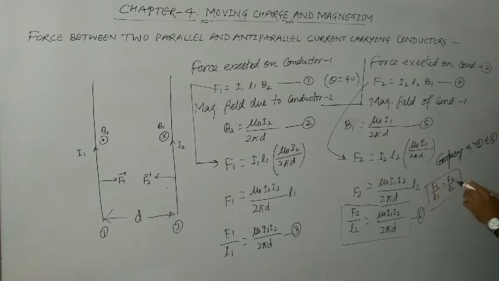Means the force per unit length exerted on conductor 1 is equal to the force per unit length on conductor 2, or the force per unit length on both the conductors is equal in magnitude.